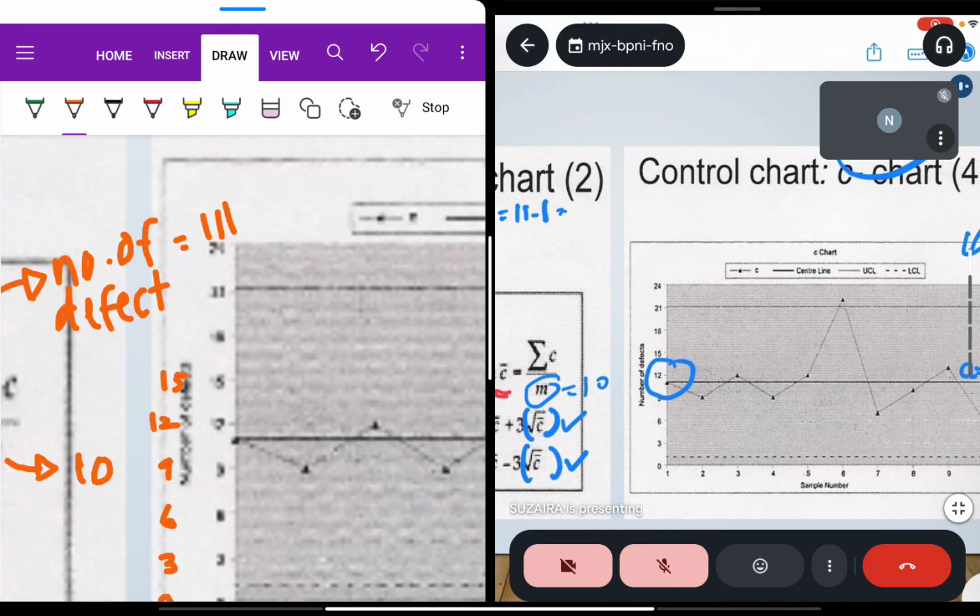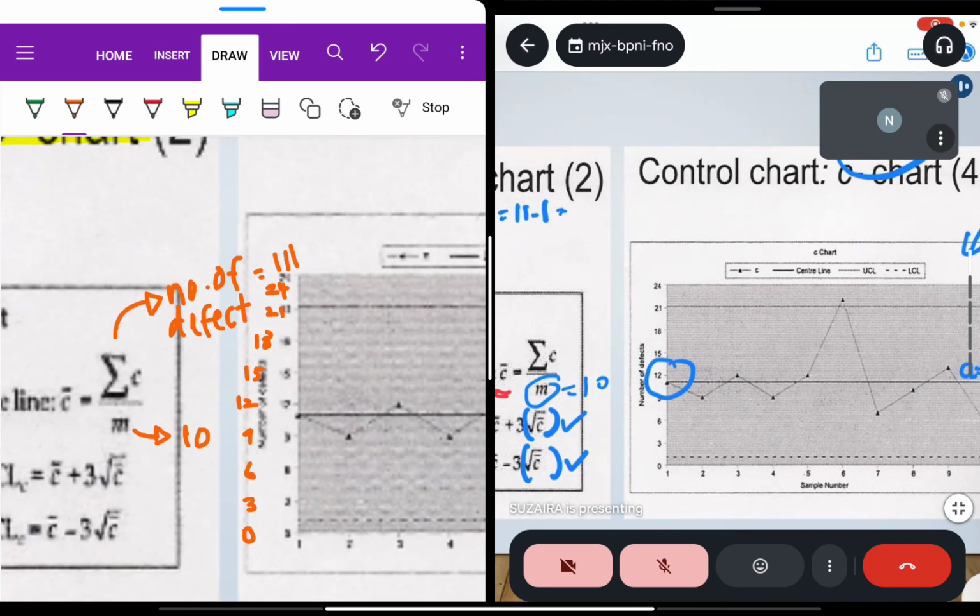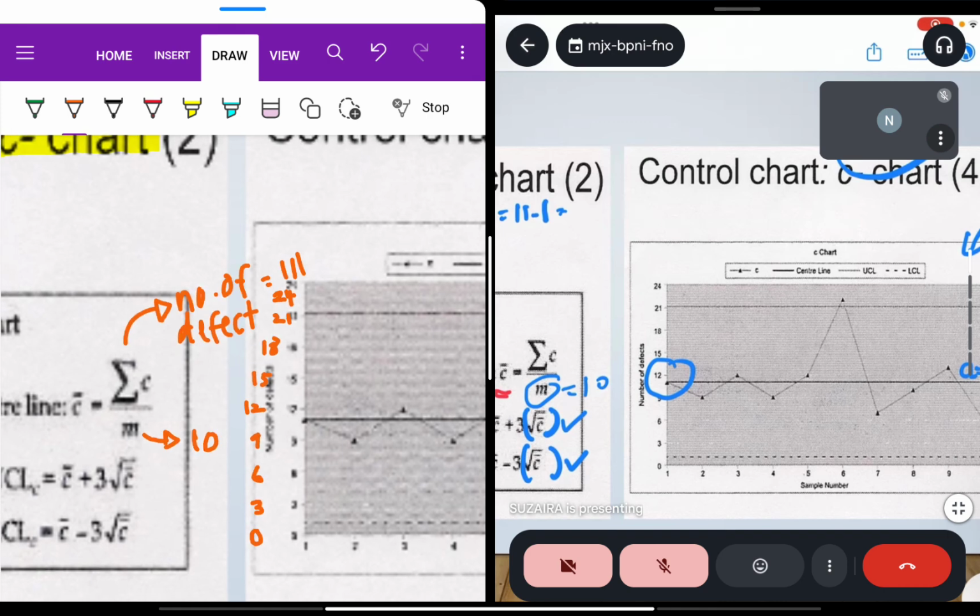Okay, so I'll give you 2 minutes, 3 minutes to calculate the UCL and also the LCL, and then you can write it down in the chat box.